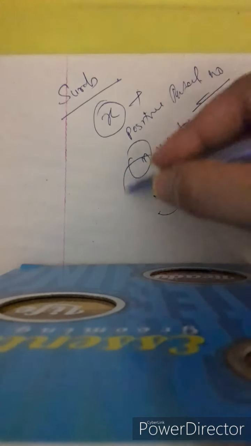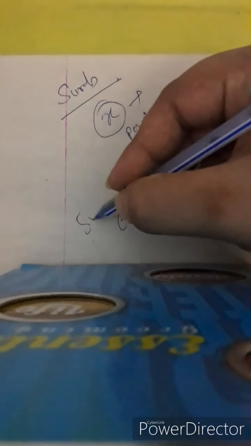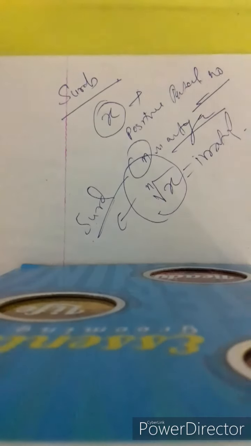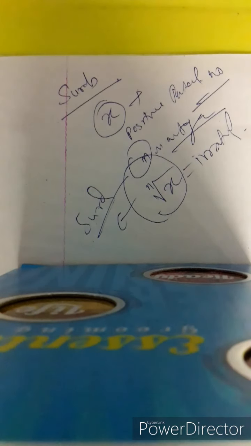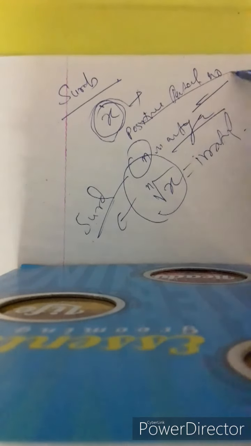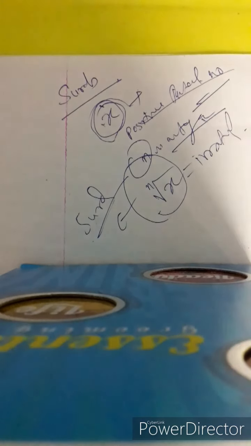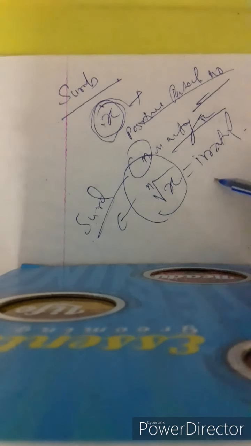If x root n is irrational, this is called a surd. I hope you got the concept of surd. Suppose x is a positive rational number, and n is any integer, then x root n is irrational, then only that x root n value is called a surd.